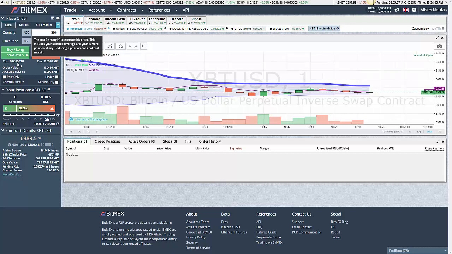But I still don't have it. But if I go with 100 times, then I can, no, I cannot. I can do that with only 5,000, look. And with only 5,000 satoshis, I can put $300 in my position.